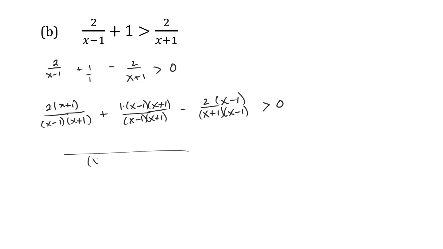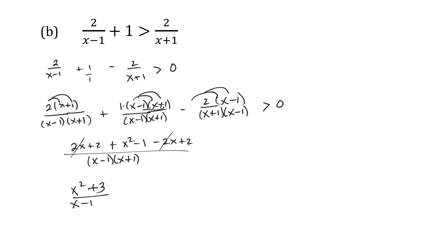Combining here, I have my big common denominator, and when you multiply it all out I get 2x plus 2, plus x squared minus 1, and then minus 2x plus 2. My 2x's add up to 0, so I have x squared, and 4 minus 1, so plus 3, all over x minus 1 times x plus 1, and that is greater than 0. So here's my function, and I'm looking to see when it is greater than 0.